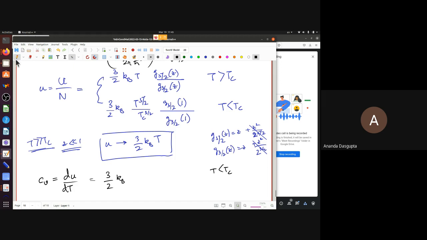Into 5/2, so that's 15/4. So let me just write the whole thing out properly. It's 15/4, (T/Tc) to the power 3/2, 5/2, 1.